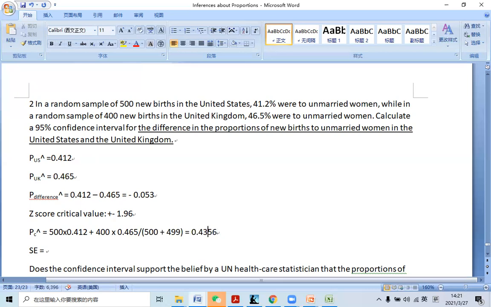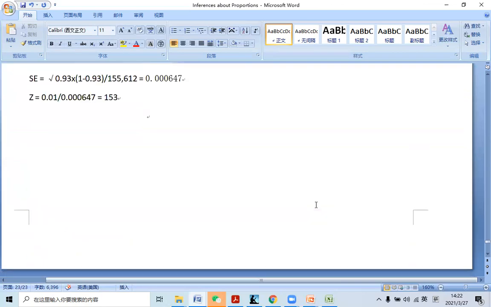It's just somewhere in the middle. 41% for Americans, 46% for UK women are single moms, but they have different sample sizes. If you combine the two samples, the proportion of single moms in both countries is 43.56%. And this is the value you are using for estimating a standard error for the differences.